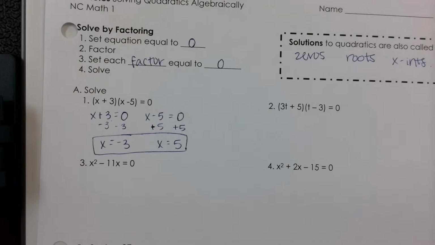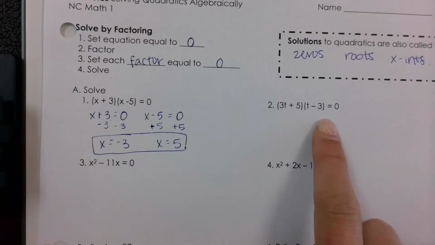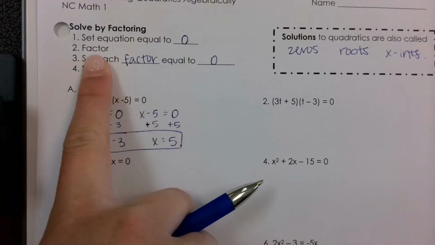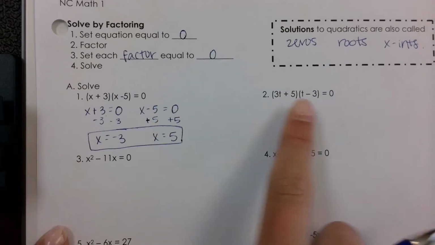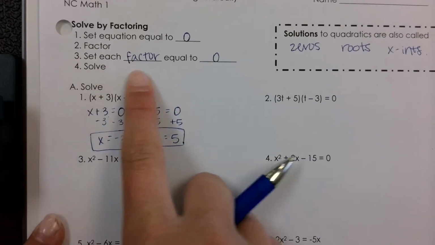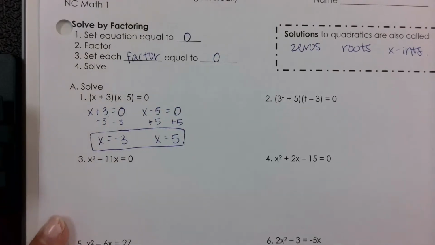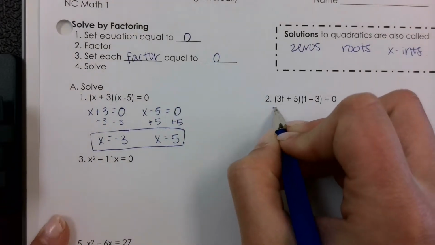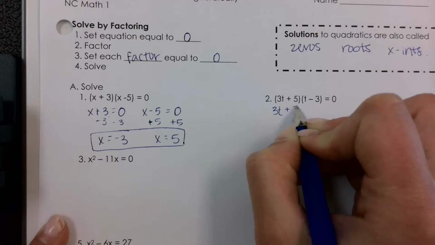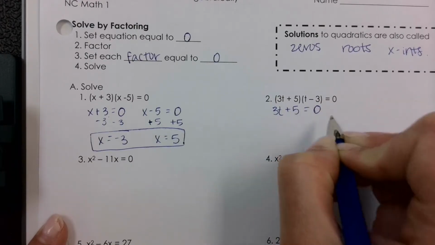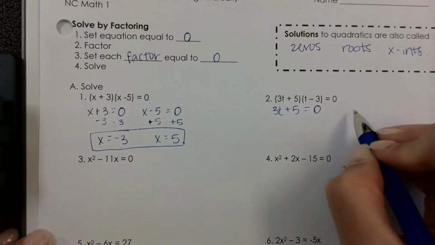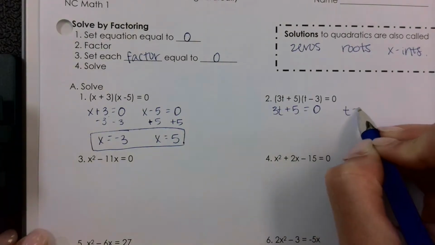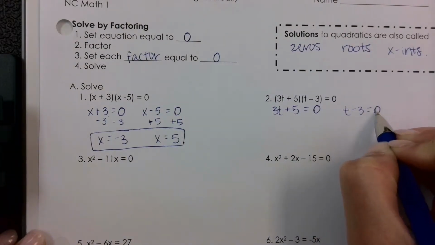So step 1, make sure you're equal to 0. Are we equal to 0? Yep. Step 2, what do you do? Factor. Are we factored? Yep. Step 3, set each factor equal to 0. What's our first factor? 3t plus 5 equals 0. What's your second factor? t minus 3 equals 0.